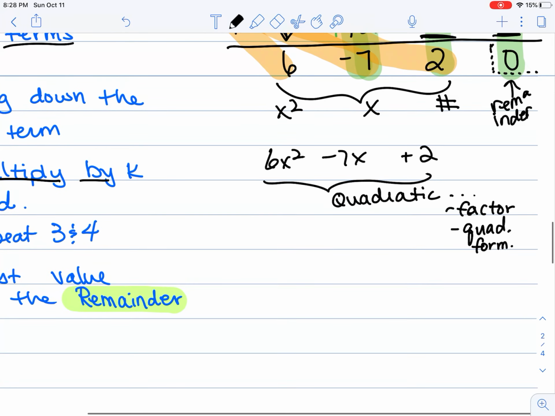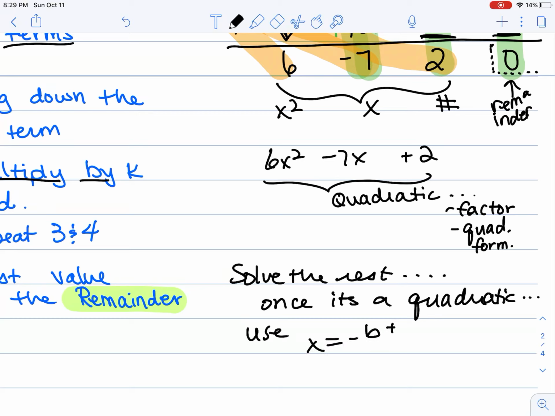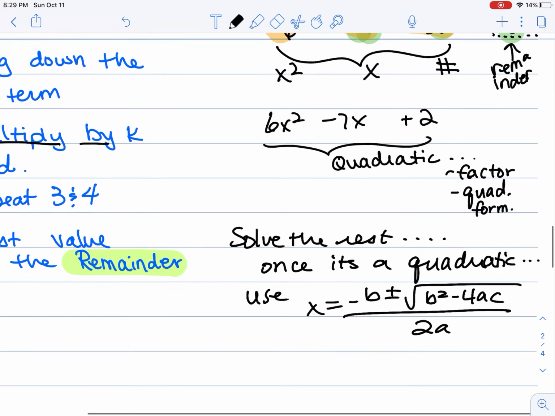So to solve the rest, once it's a quadratic, just use the quadratic formula, which is x equals negative b plus or minus square root b squared minus 4ac all over 2a.